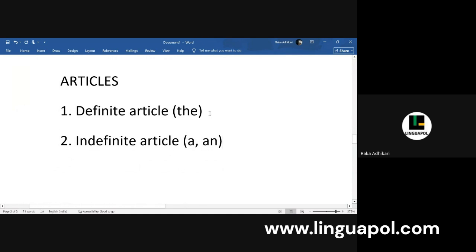So, definite articles, we will use them in two situations.